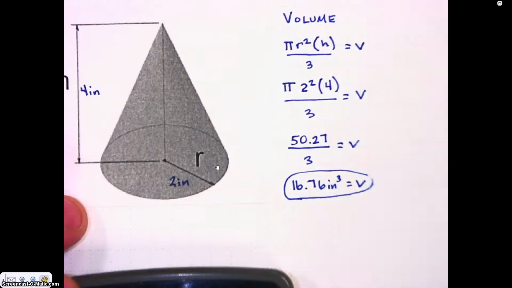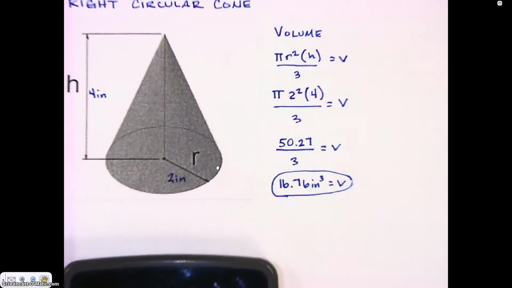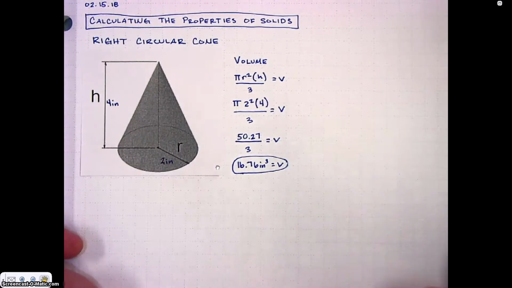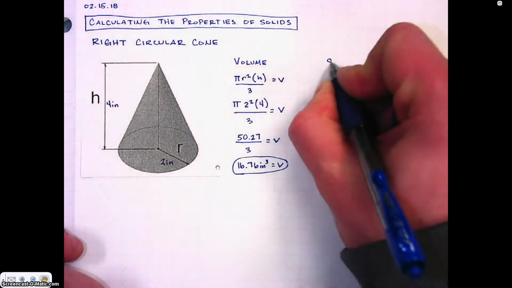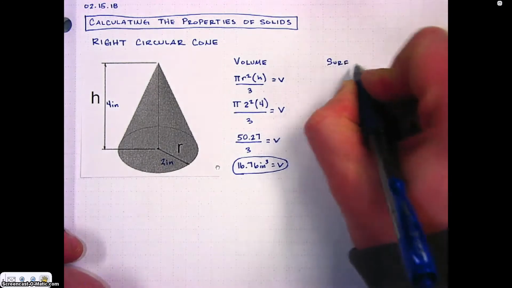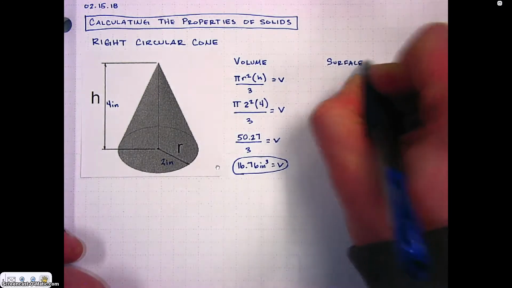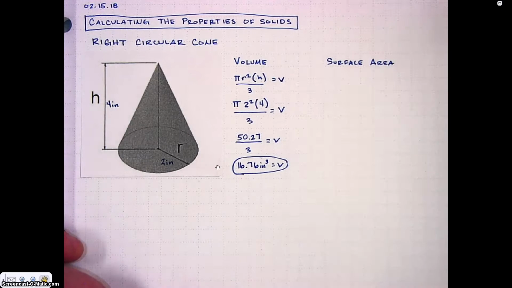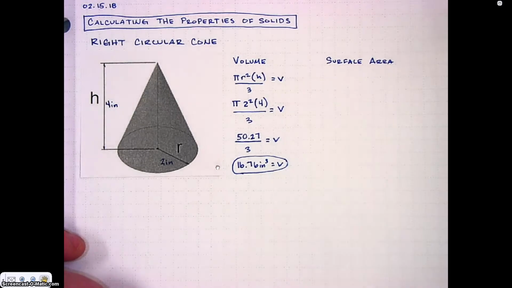All right, the next thing we're going to calculate is surface area. And so right next to that, I'll go ahead and write surface area. And I'll look at my formula sheet to find the formula for surface area.